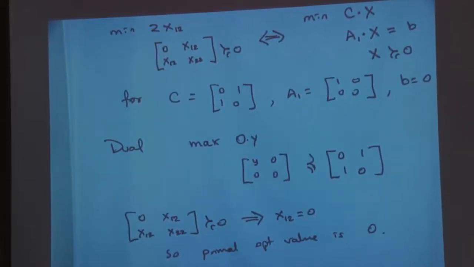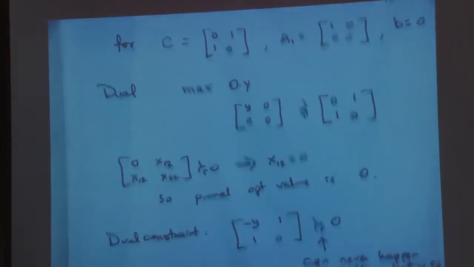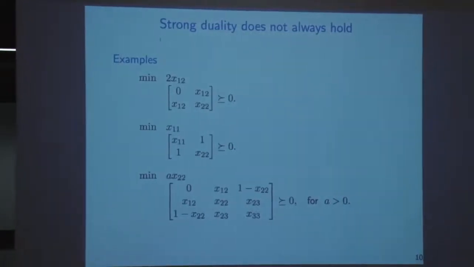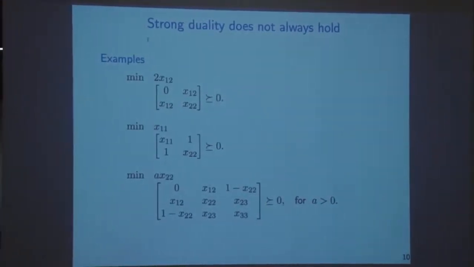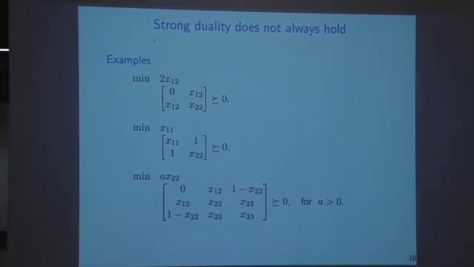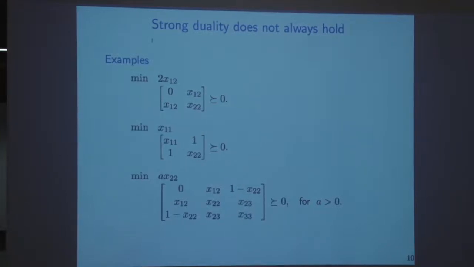I'm okay with time, so let me go through the second example. It's a little bit different, but I think it's still interesting because it shows a different type of subtlety that can appear in semi-definite programming. The second example is: minimize x11, subject to the matrix [x11, 1; 1, x22] being positive semi-definite.